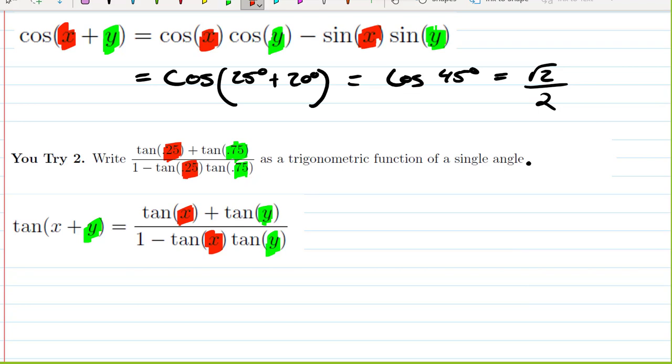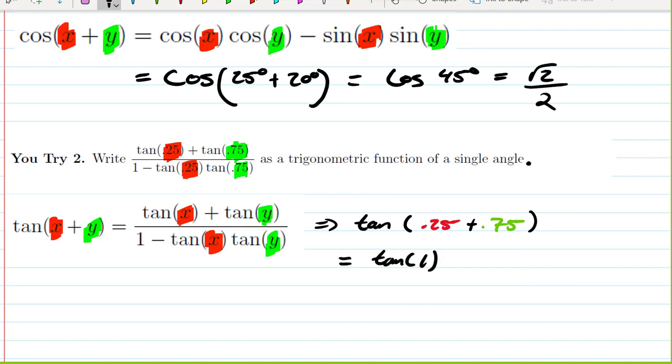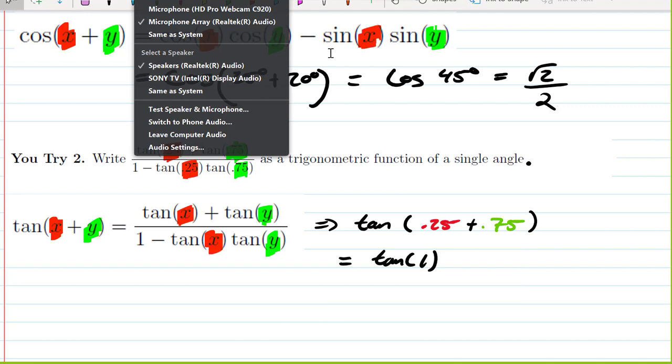So if we put all of that into this, we have the tangent of 0.25 plus 0.75, which then 0.25 and 0.75 add to give us 1. So that expression would be equal to the tangent of 1.